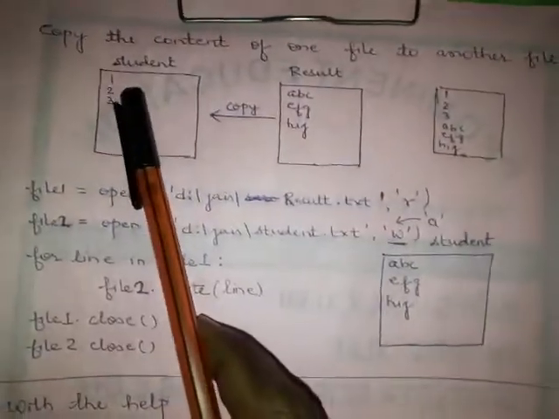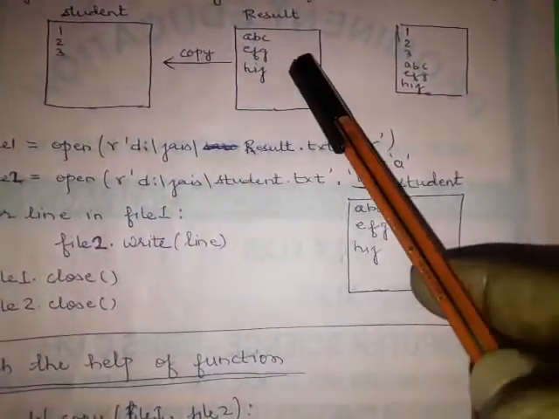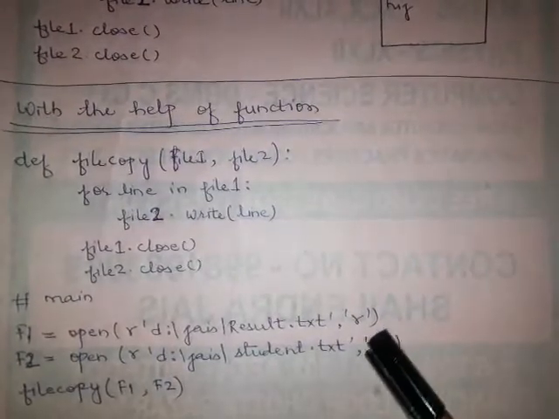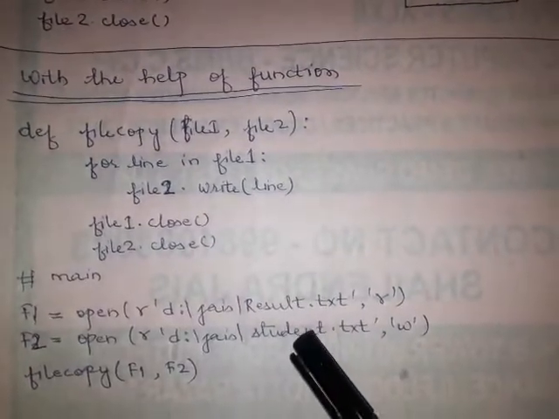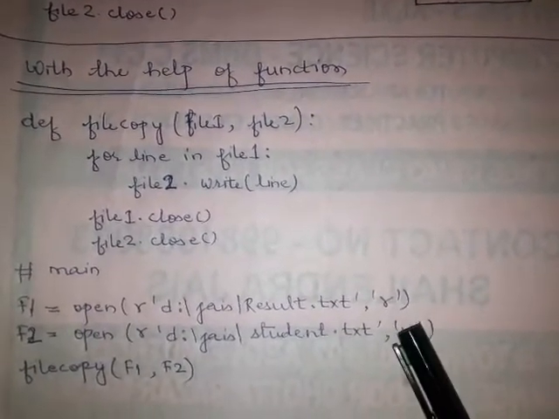If the content of the file is initially this, then the output will be this. So make the content of both files initially this, and then run the program, and the output will be like this. And if you want to maintain the previous content of the student file, not to erase or overwrite, open this file in append mode.